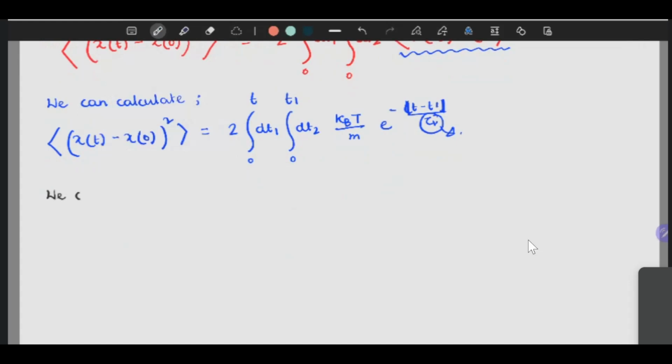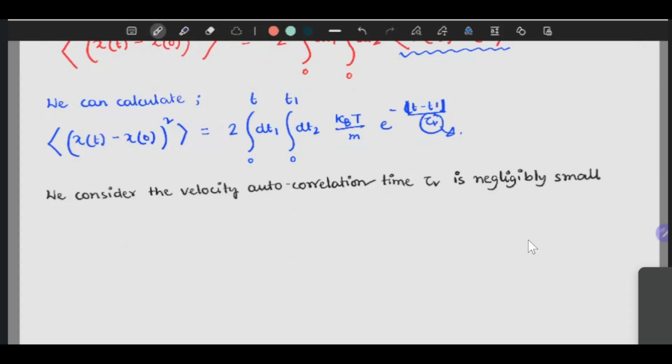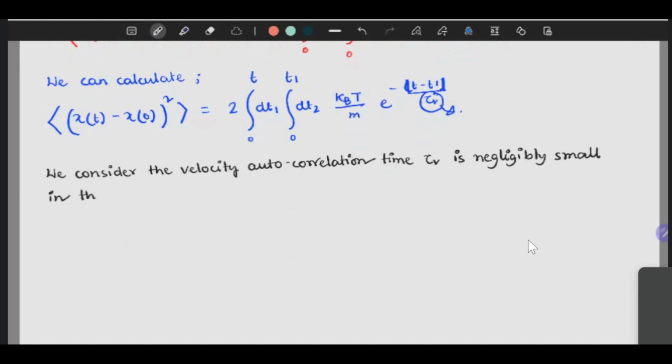We consider the velocity autocorrelation time tau v to be negligibly small in the time scale of our observations.